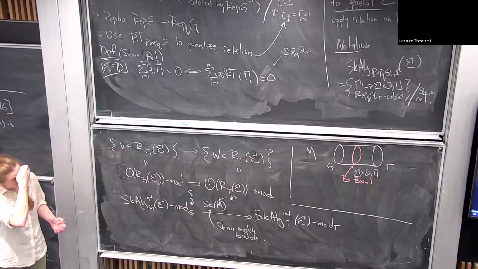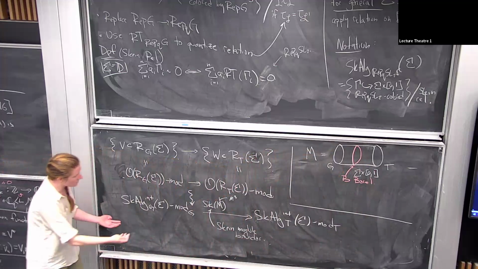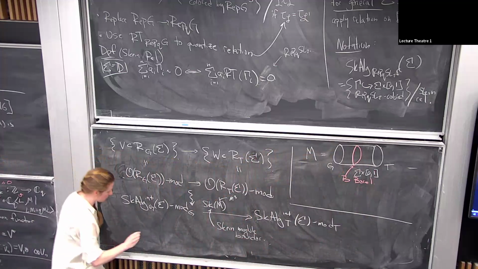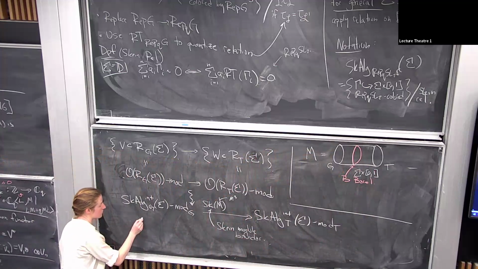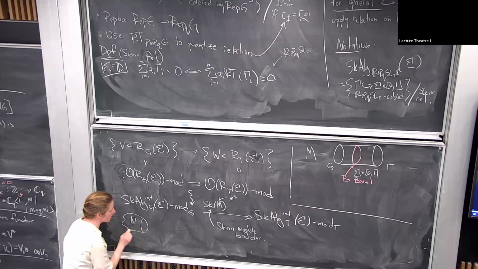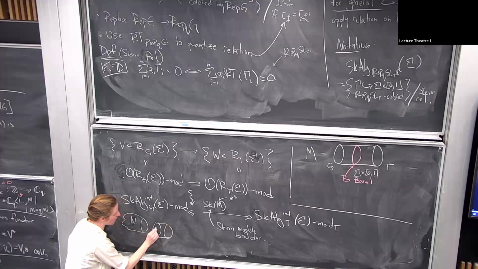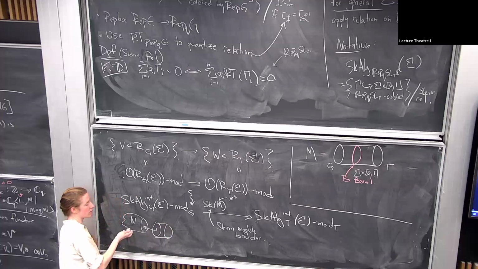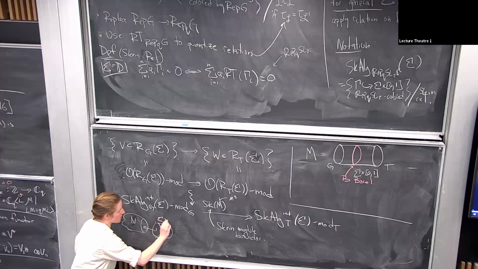And how you can imagine this construction goes is: if I have some three-manifold here, call it N, I have my action of my algebra just by including here. This is my thickened surface.